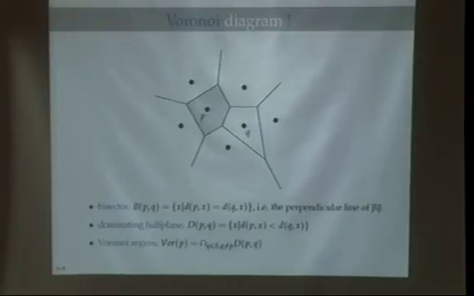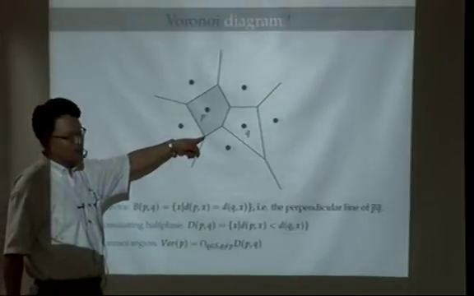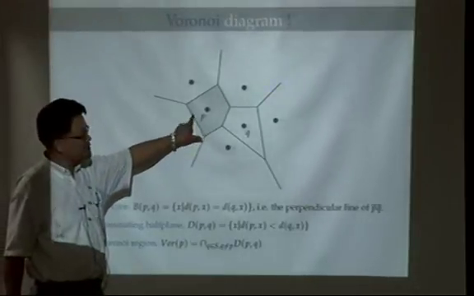Well, if you have n points in the plane, then you have n cells, n regions in the plane. And each Voronoi region is convex. And there are some other properties. The number of Voronoi edges or Voronoi vertices: this one is called a Voronoi vertex, and this is a Voronoi edge.